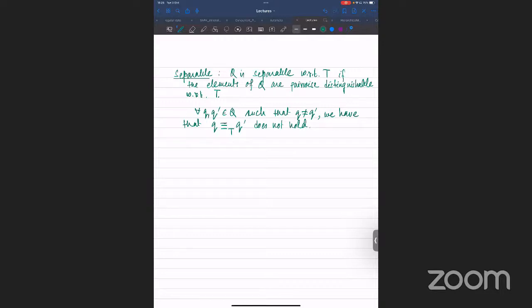If you consider the strings inside Q, they can be distinguished by some string in T. Is the definition clear?